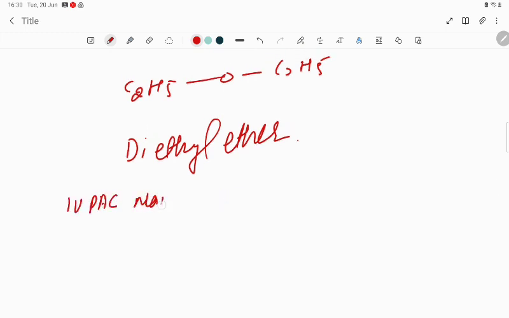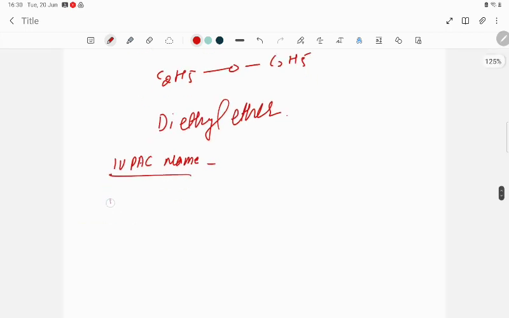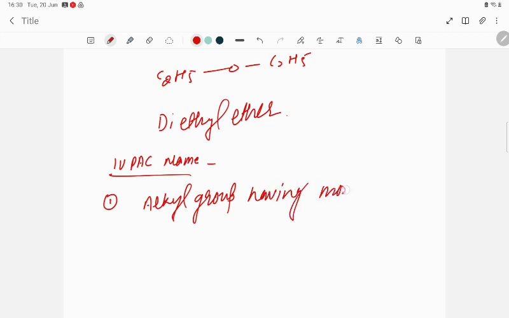There is a rule for the IUPAC name, student. The rule says that the alkyl group having more carbon is the parent chain.